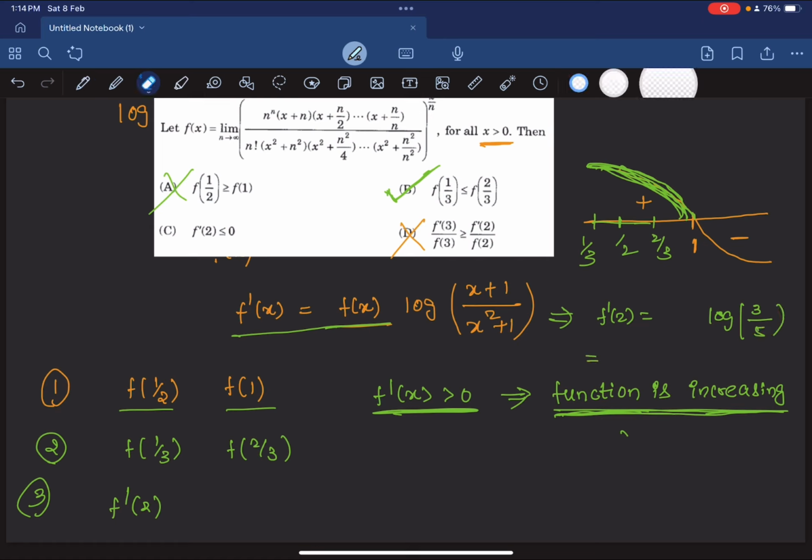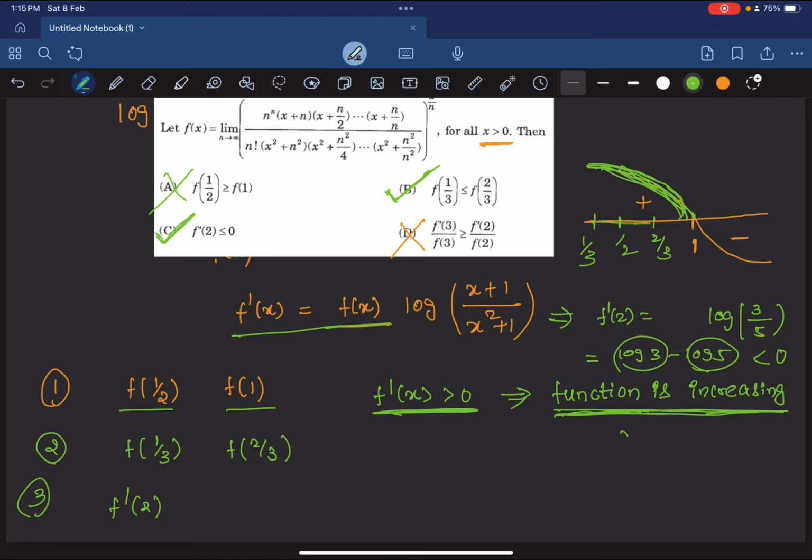So we have to check the sign of this. When you put x equal to 2, it will be log of 3/5, which is simply log 3 minus log 5. Log 5 is bigger than log 3, so this quantity is negative. Less than or equal to 0 is given. So C is also correct. So the correct options are B and C.